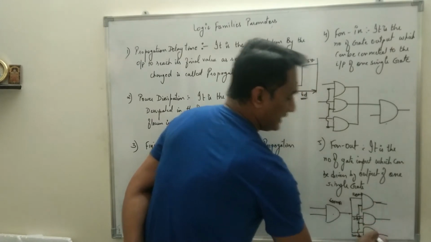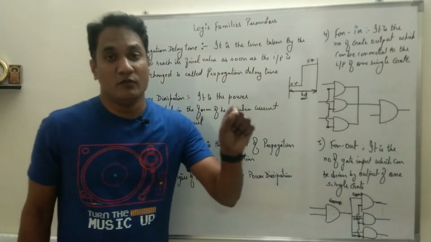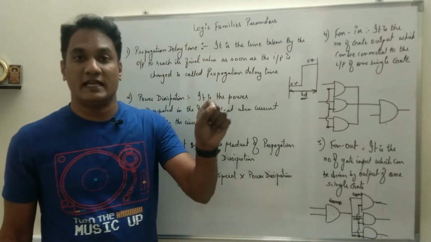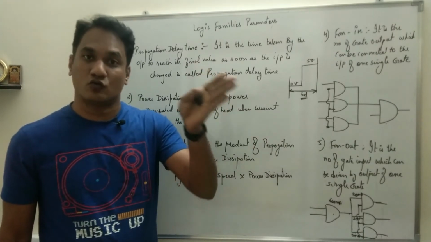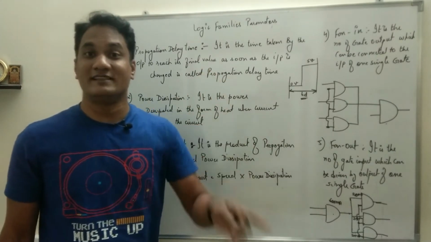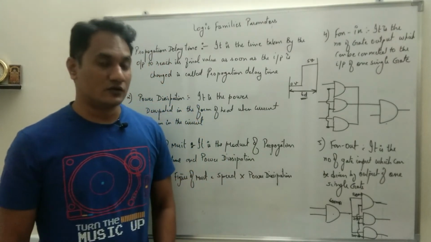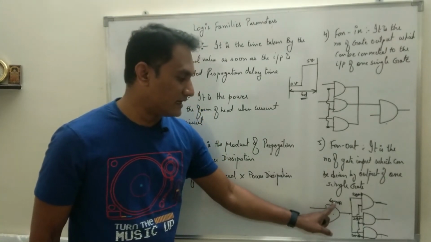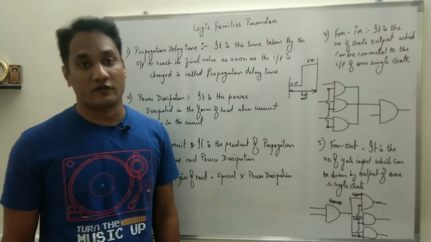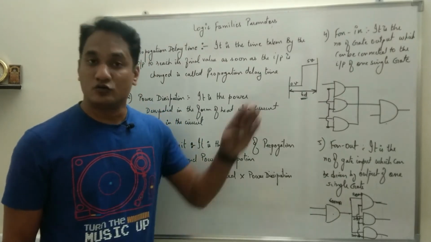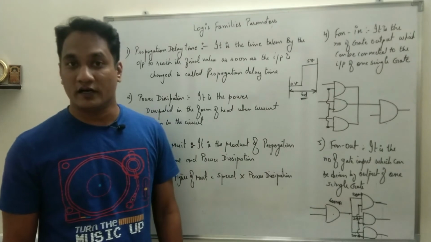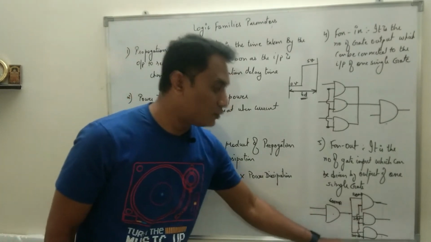But if this gate requires a minimum of 250 milliampere to switch from 0 to 1 or 1 to 0, will this circuit work? I will repeat what I asked. The output of this one single gate has a current of 600 milliampere. Of course, it is going to equally divide into the three gate inputs, 200, 200, 200. That means each gate is getting 200 milliampere.